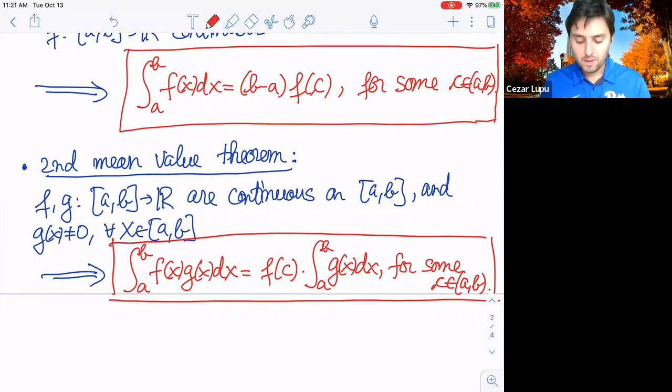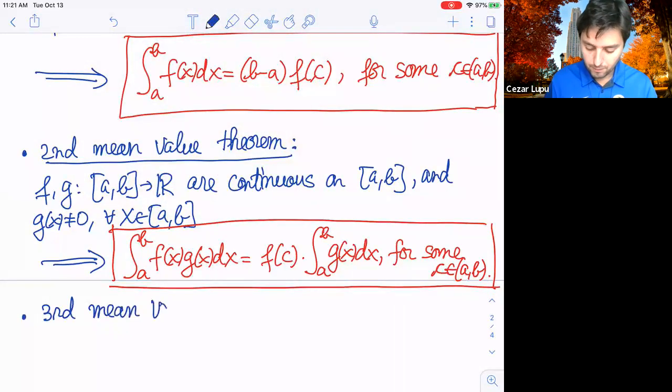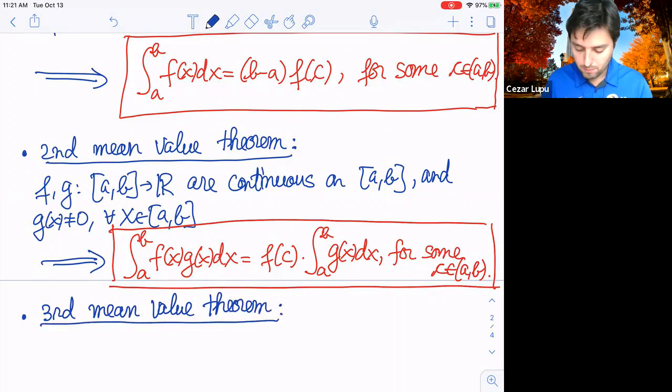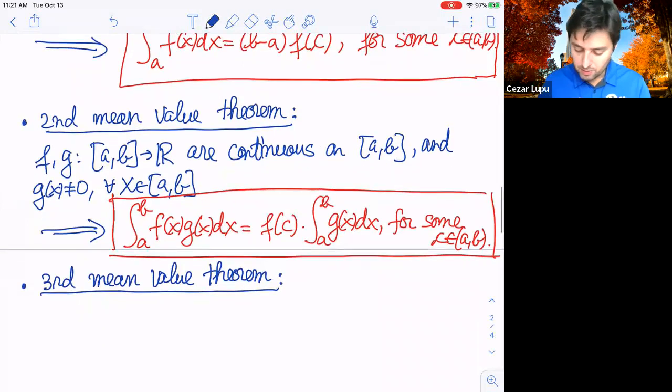And moreover, there is another one, which we will call the third mean value theorem, or sometimes it's called Bonnet-Weierstrass.